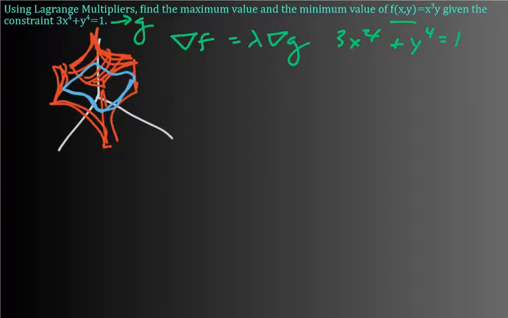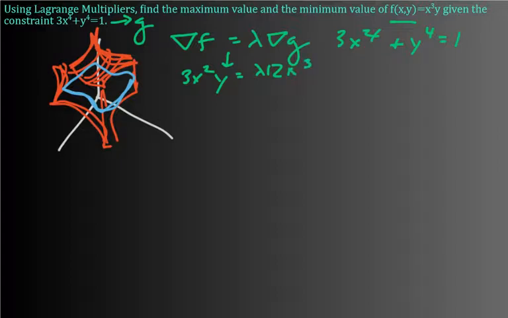And so that's it. Specifically, what this part becomes: the gradient of f would be 3x squared y, and that needs to equal lambda times the gradient of g. The x component of the gradient needs to match up, so that would be 12x cubed.